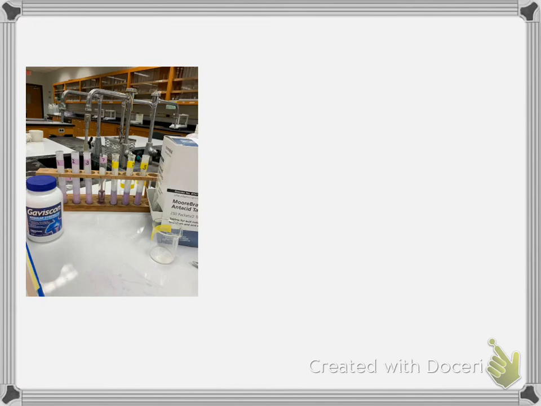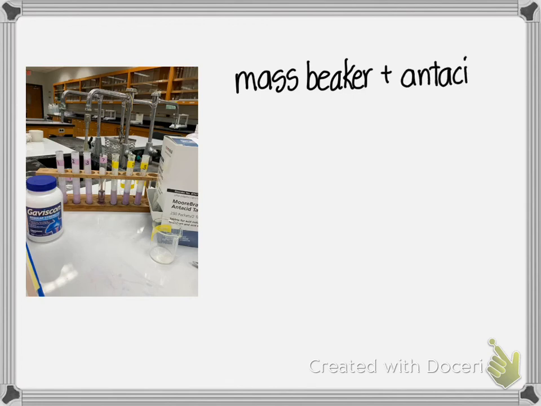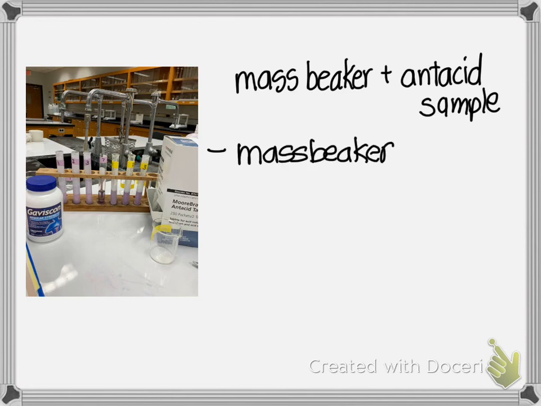To figure out how much was used to neutralize, you will take the mass of the beaker plus the antacid sample, that's what we started with, and then you subtract the mass of the beaker plus the unused antacid.